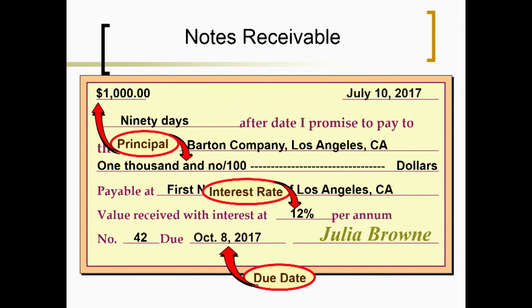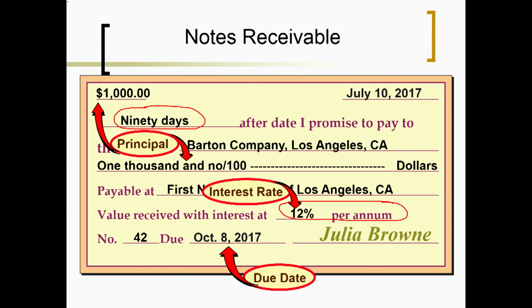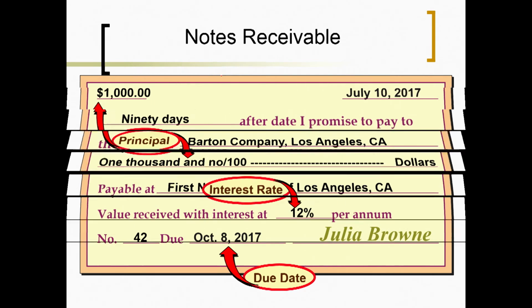There's the principal, there's the interest rate. The interest rate is usually always stated on an annual basis. Certainly assume that it is unless stated otherwise. This is a 90-day note. So when Barton Company receives that money, are they just going to receive $1,000? No, they're going to receive $1,000 plus some interest, right? Now, how would we calculate that interest?